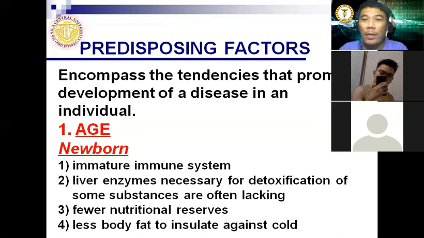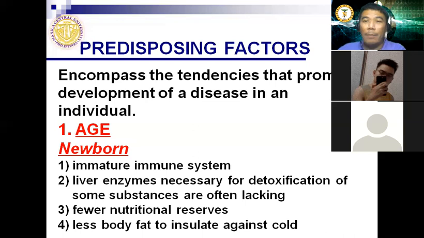The risk factors are what we use to justify the present condition of the client, but predisposing factors are the risk factors that consider the chances or tendencies, even if it is not existing, that the client may have.